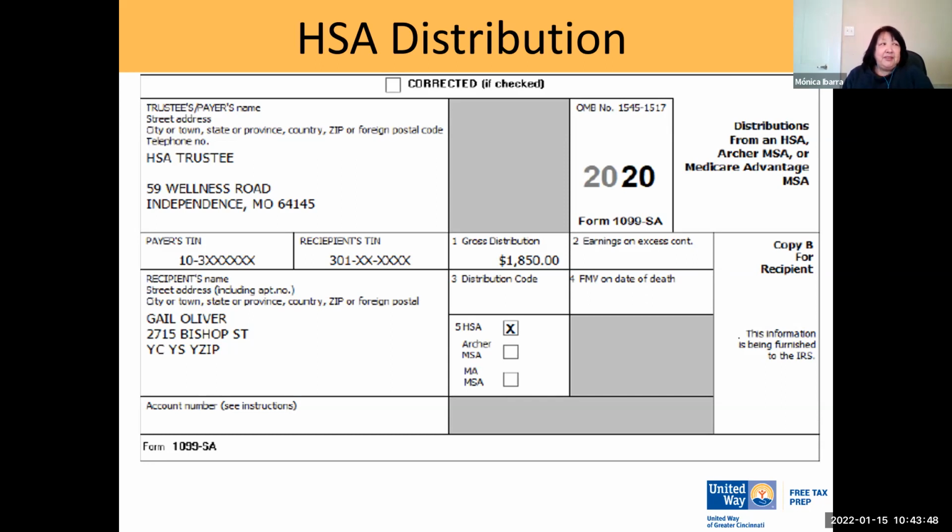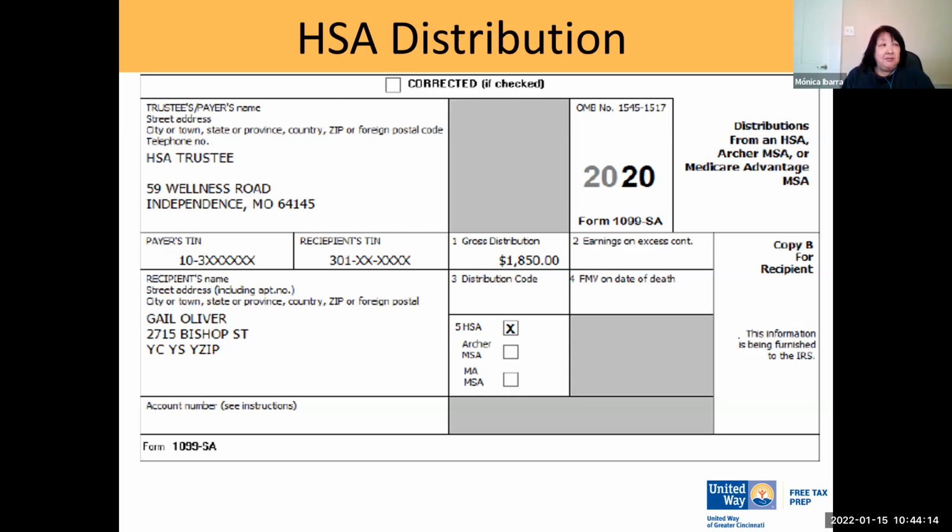And so for anything that's not a qualified medical expense, you'll have to back that out. So let's say that the person paid $500 for a yearly expense for the health club membership. So $1,350 was correct, and that was a qualified medical expense, but $500 is not.